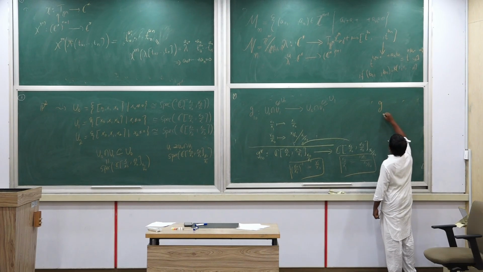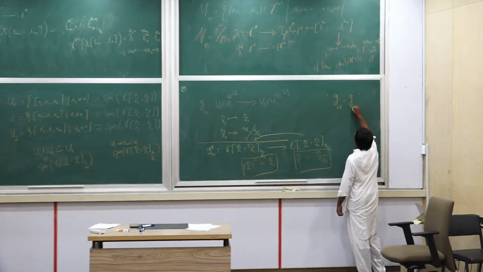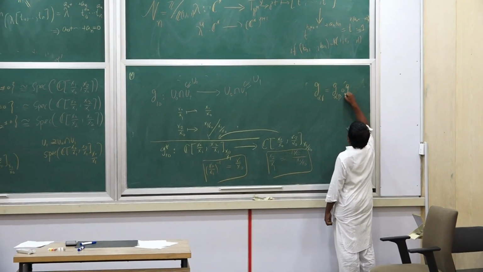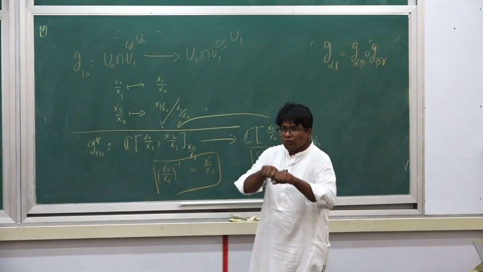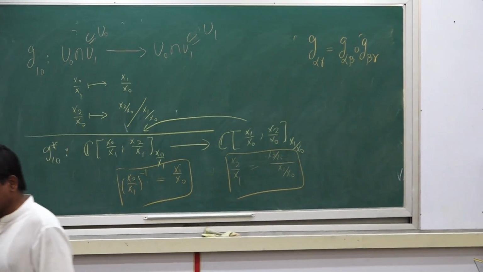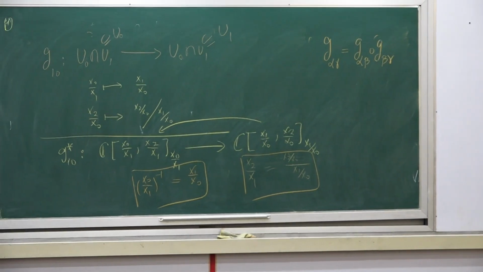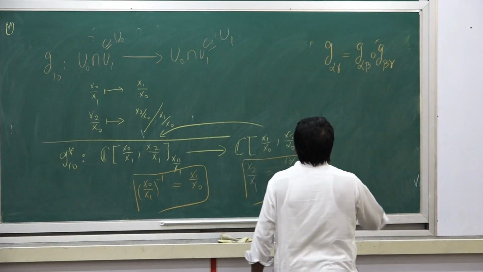So some alpha gamma should equal some alpha beta composed with beta gamma. Okay. If you are in the intersection of three sets, then this should hold. Okay. So this is called the cyclic property.